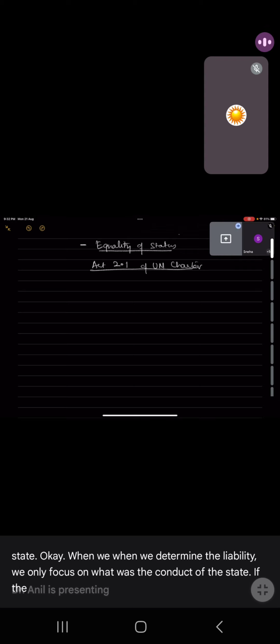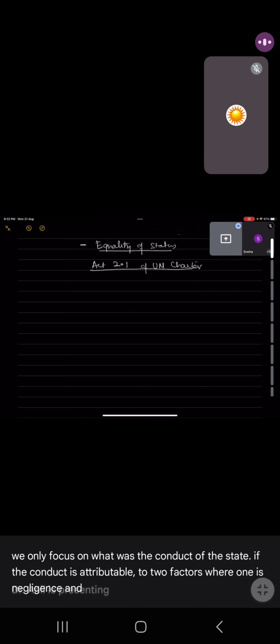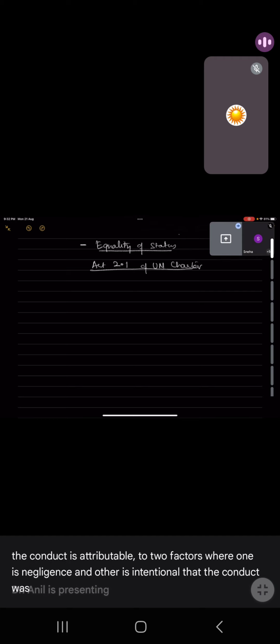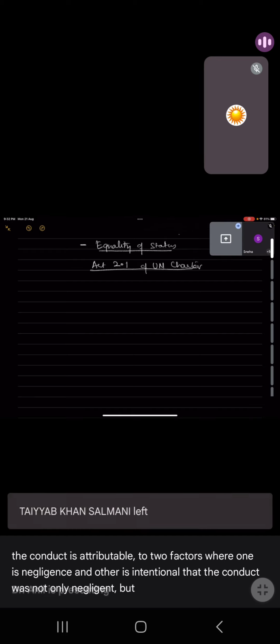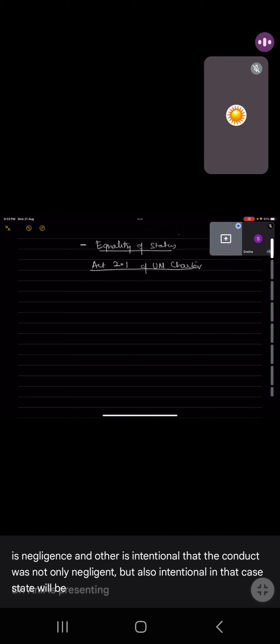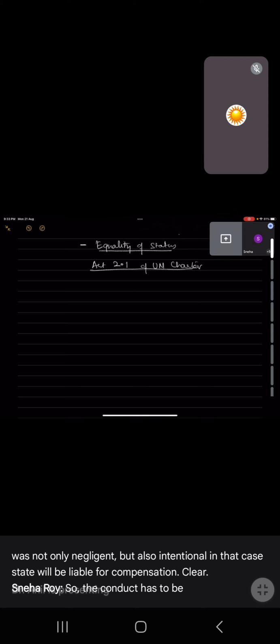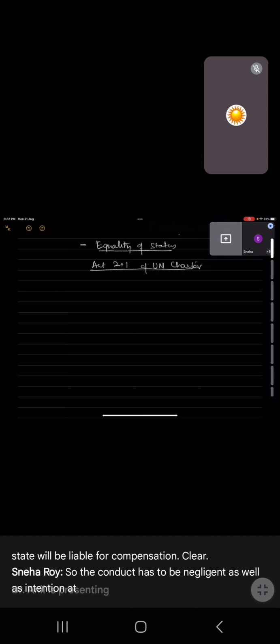If the conduct is attributable to two factors, where one is negligence and the other is intention, that the conduct was not only negligent but also intentional, in that case the state will be liable for compensation. Clear? So the conduct has to be negligent as well as intentional at the same time. Yes.